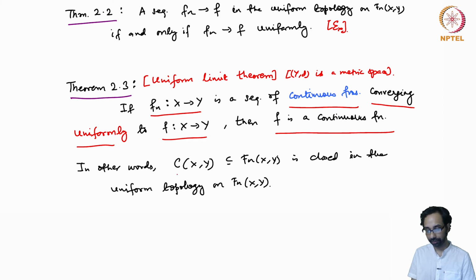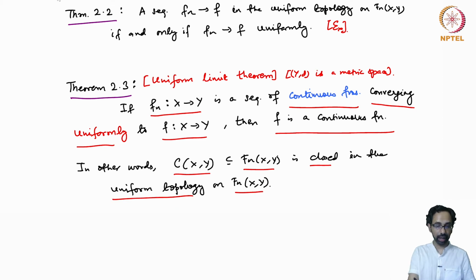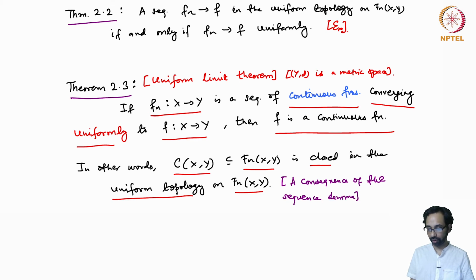the set of continuous functions, which is a subset of the space of all functions, is closed in the uniform topology on F(X, Y), and this is just a consequence of the sequence lemma that we proved about convergence of sequences, and there the metrizability of the space played a role.